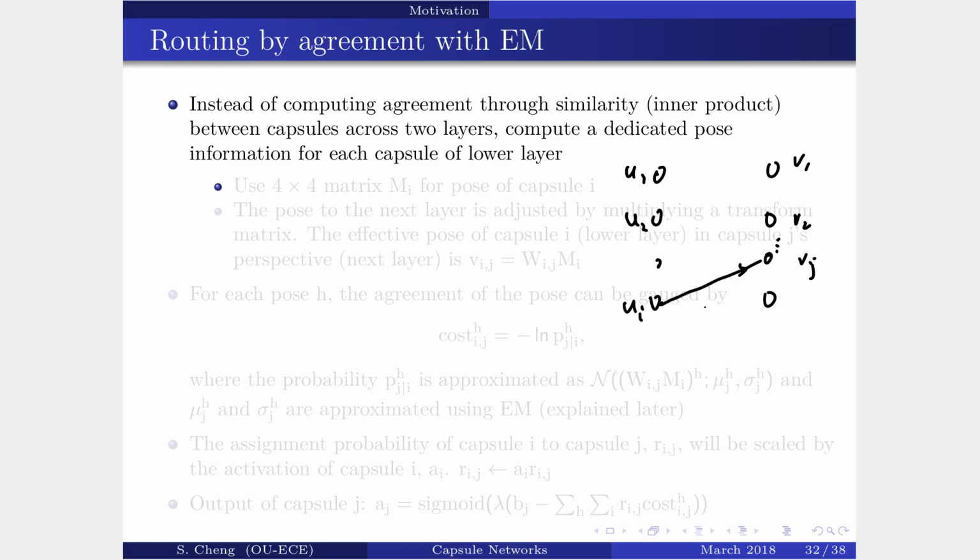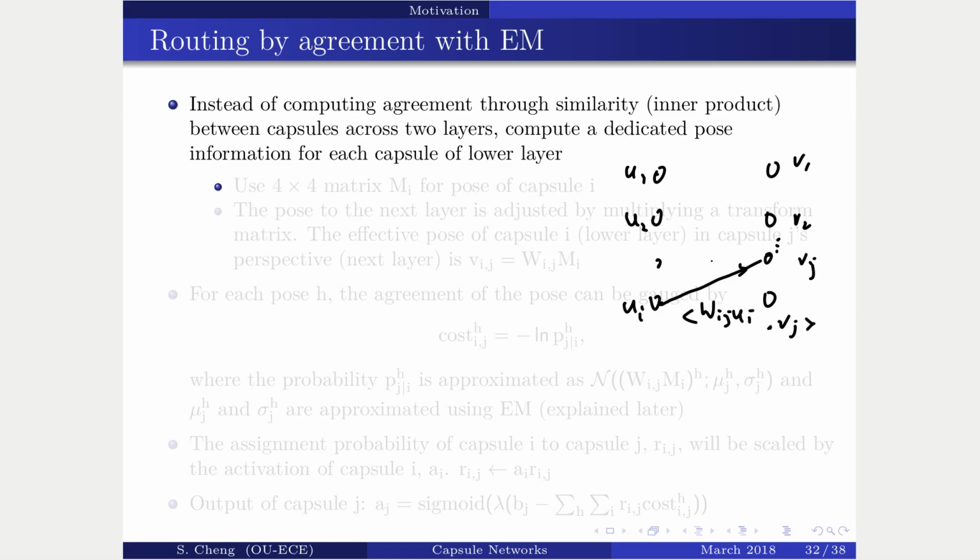This Ui will first be multiplied by a transform matrix Wij, and then how much this Uj|i agrees with this Vj will be computed simply as the inner product between them.